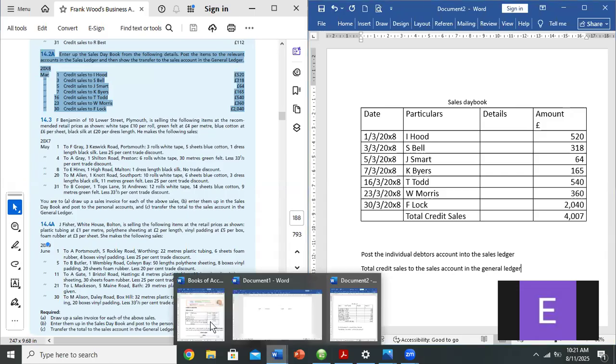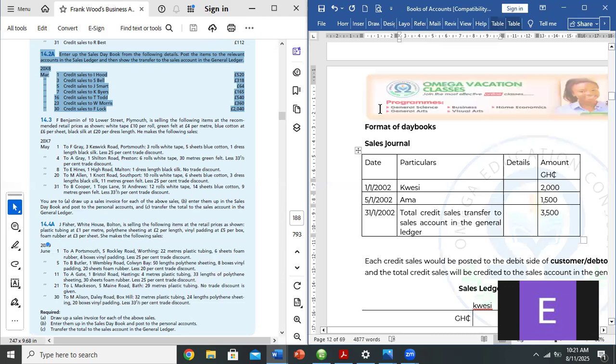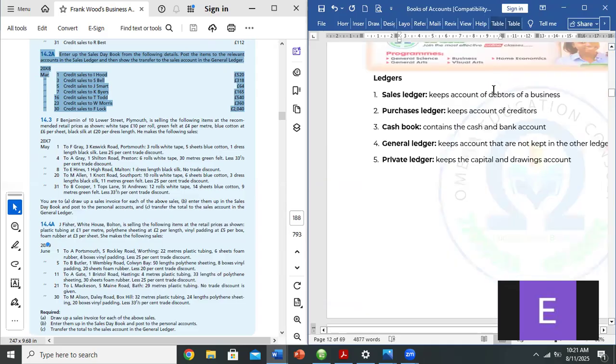And for the purposes of clarity, let me go back to the ledgers so professors will appreciate what we discussed last time. So these were the 5 ledgers. The sales ledger keeps account of the debtors. The purchase ledger keeps account of creditors. The cash book keeps cash and bank. The general ledger keeps all other accounts that cannot be kept in the other ledgers. So focusing on the sales ledger, we are going to transfer all the accounts of these customers or debtors into the sales ledger.